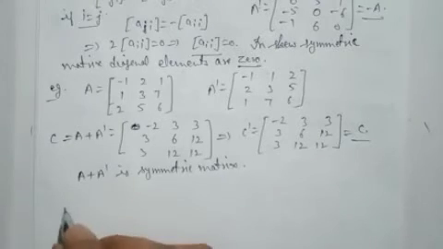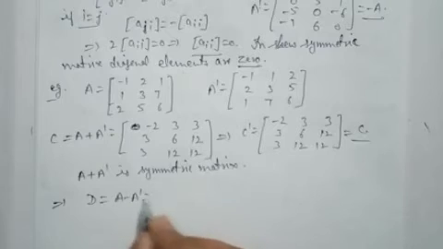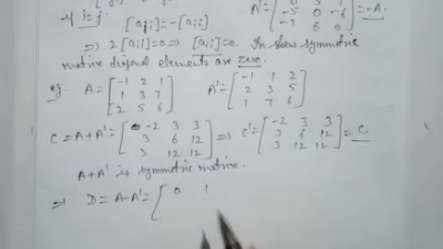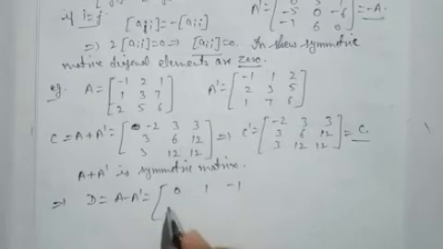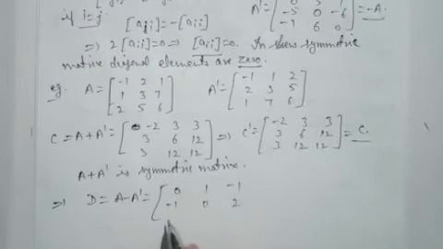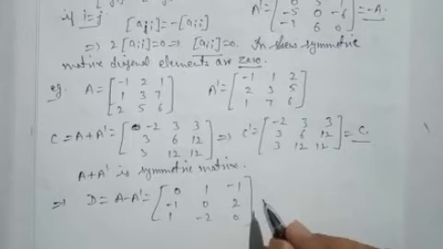Clear. Next, let D matrix be A minus A dash. A minus A transpose is 0 1 minus 1, minus 1 0 2, this is 1, this is minus 2 0. Clear.